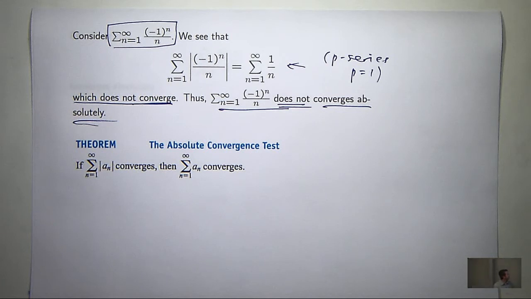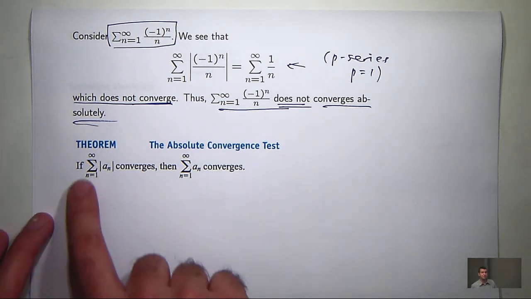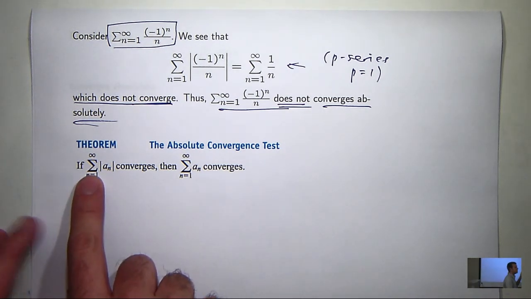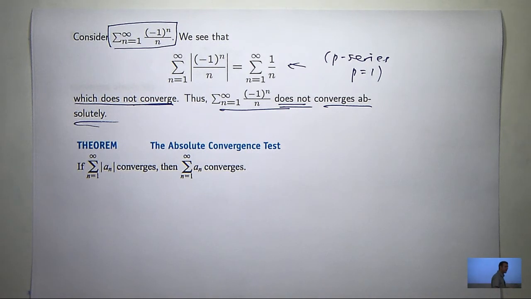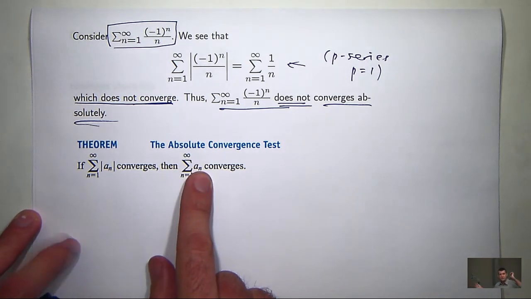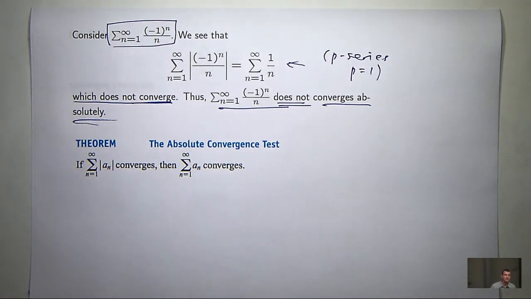Now this theorem here, the absolute convergence test, is huge. It's really useful. Basically it says, let's say this is your original series here, and you put some absolute value signs in there, and that new series converges.